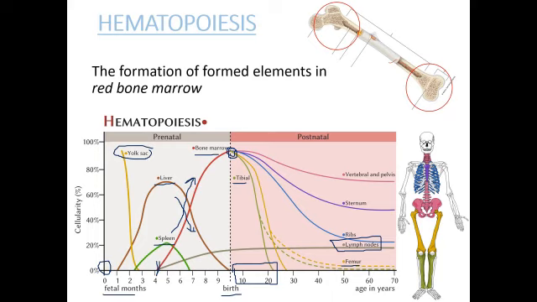When you are an adult into old age, the primary locations of hematopoiesis are in your vertebrae, your sternum, your ribs, and of course your pelvis. If you need a bone marrow transplant, or are donating bone marrow, generally they take bone marrow from your hips.